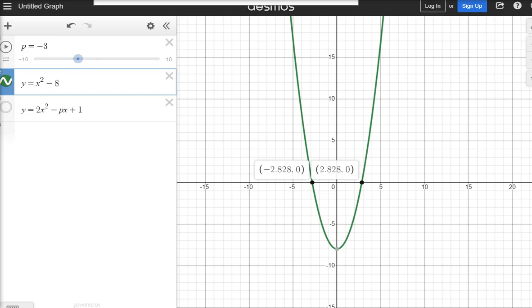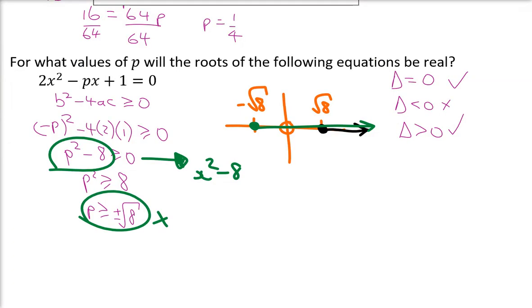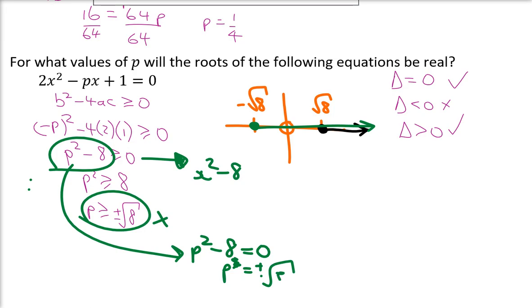Can you see that? So my answer here, to answer this question, basically what I do is I go, rightio, let's solve p squared minus 8 equals 0, which I solve exactly how you guys solved it here, and get an answer of p is equal to plus and minus root 8. Okay?